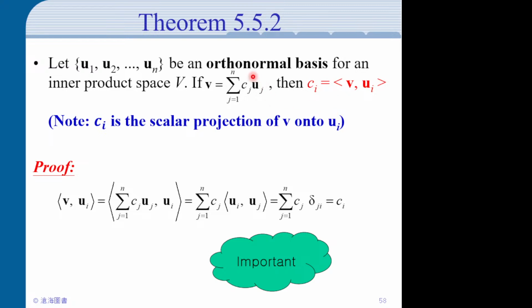So if you have an orthonormal basis, then this linear combination coefficient is just the projection onto your orthonormal basis element. Okay, so it's very nice.